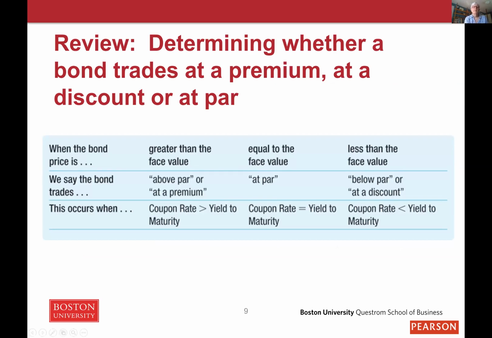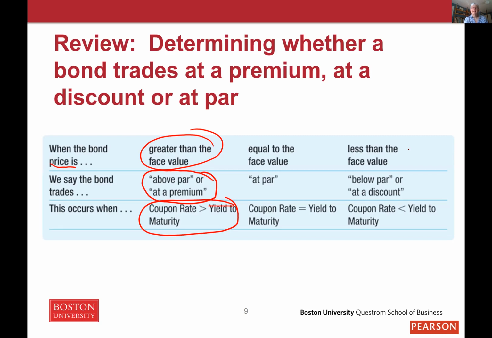If the price is greater than the face value, that's called trading above par, or trading at a premium. We keep using this word trading. What's happening is that these are investments. This is a bond market. This is a competitive market. People are trading these things. And it happens when the coupon rate is above the yield to maturity.